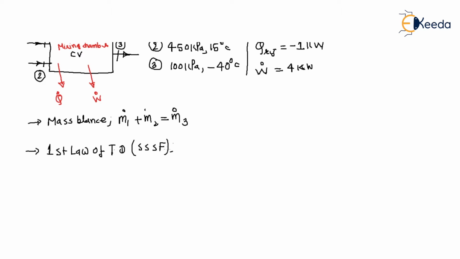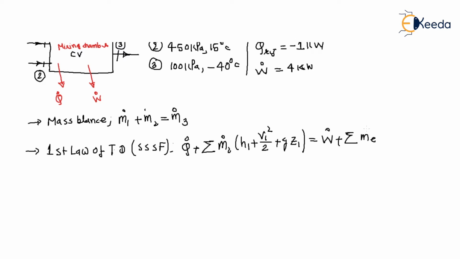It is heat transfer plus the summation of Mi times Hi plus Vi squared by 2 plus g Zi at the inlet, equals work output plus the summation of Me times He plus Ve squared by 2 plus g Ze at the exit.